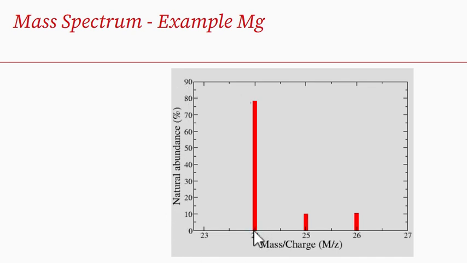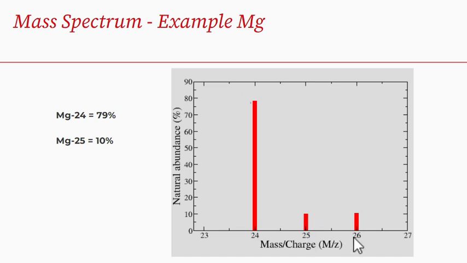So to find out the composition of each of them, you would look at where the bar graph is. In this case, for example, magnesium 24 is about 79%, a little under where we see the 80 mark. For magnesium 25, we look over and it's about 10%.